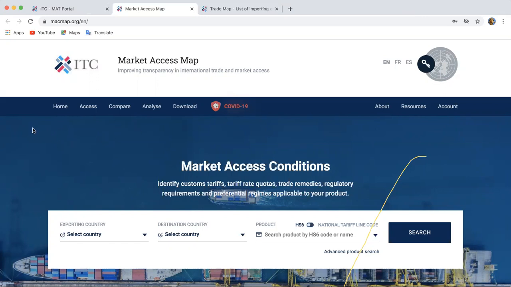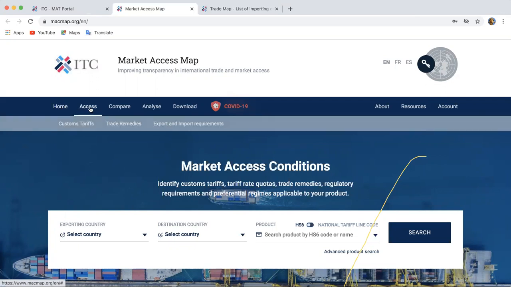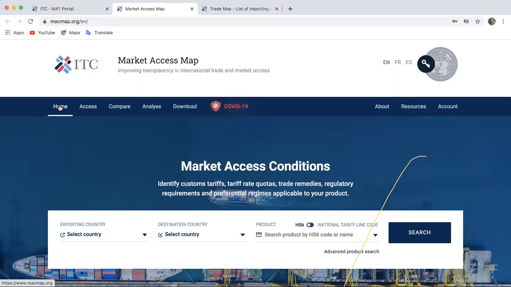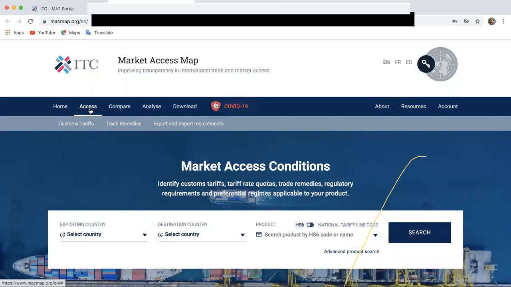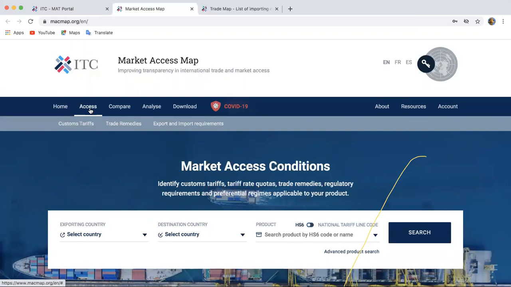So this is the homepage as well. I will go quickly over the top. It's less exhaustive than the Trade Map one, but here we have home. We can always go back to home. We have a tab called access, and I will not go over this one specifically right now because it goes into more detail.